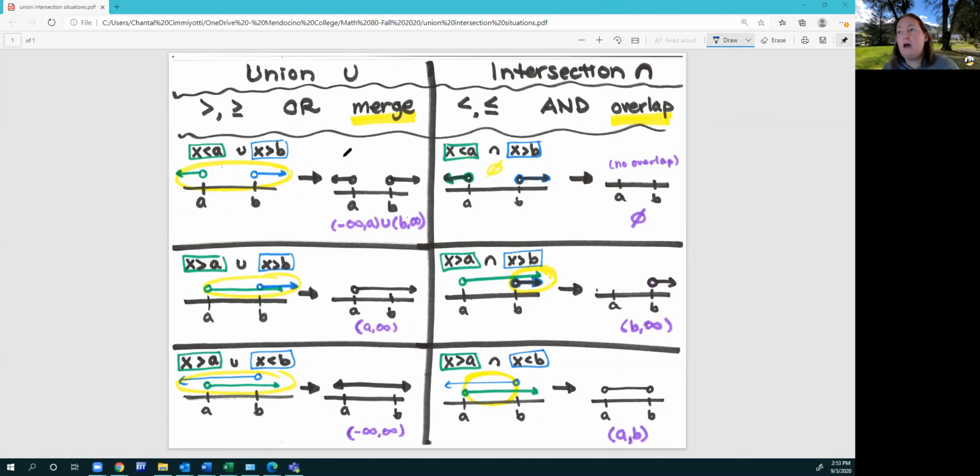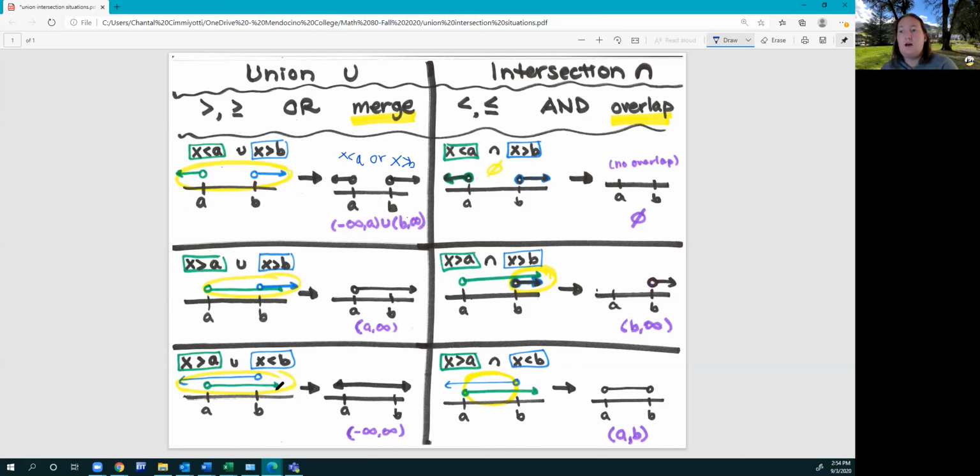You'd say X is less than A, or X is greater than B, if you're writing it in inequality notation. And you could also have your intervals going in the same direction, and so when you unite them, it's all the way from here to here that is part of one or the other or both.